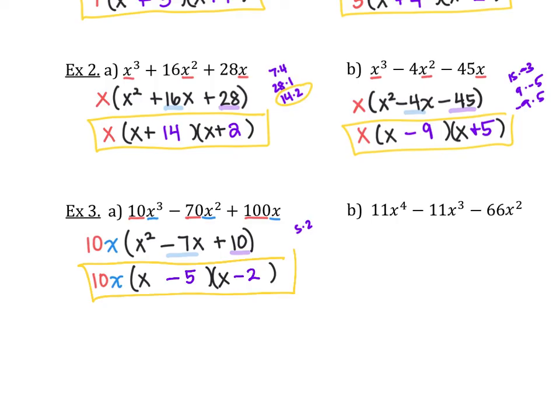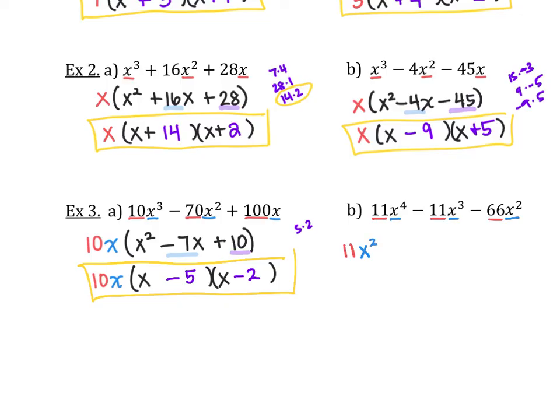Okay, last one. Okay, 11x to the fourth minus 11x to the third minus 66x to the second, and I know there's got to be common factors because those numbers are high and the exponents are high. So between 11, 11, and 66, I'm going to take out 11. Okay, x to the fourth, x to the third, and x to the second. They all have x's, and they all have at least x to the second.